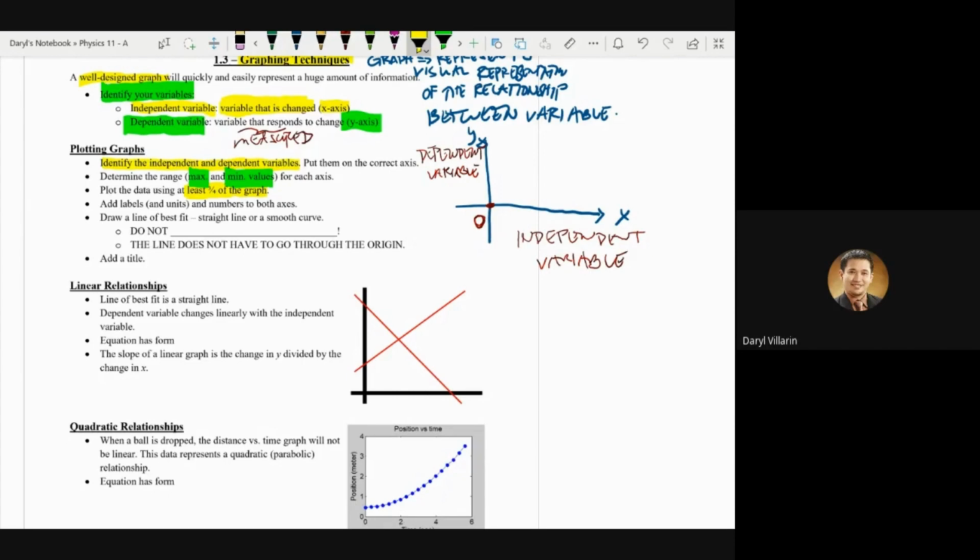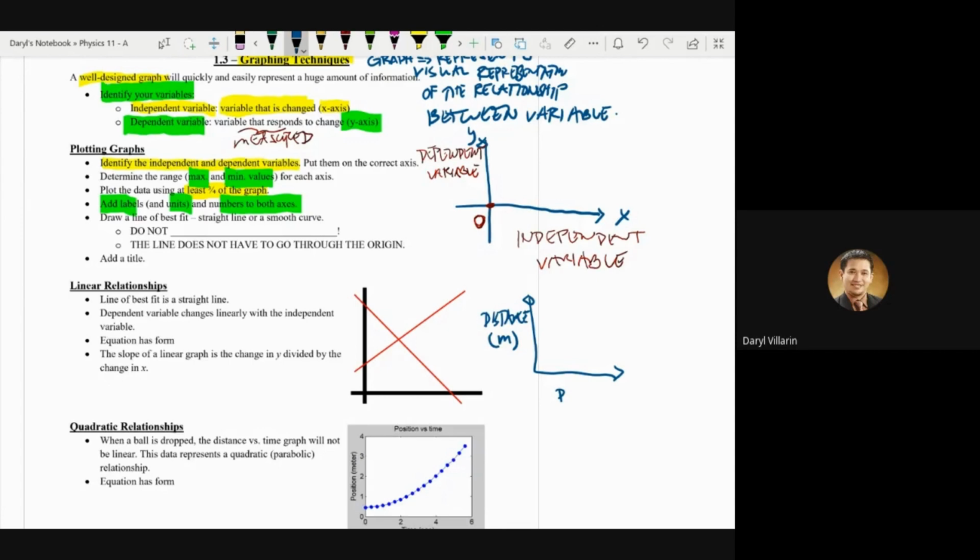Next up, don't forget to label the axes with the numbers and the units. For example, if I'm studying distance over time, I place distance and then the unit m, let's say in meters.